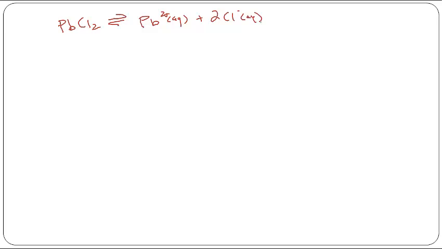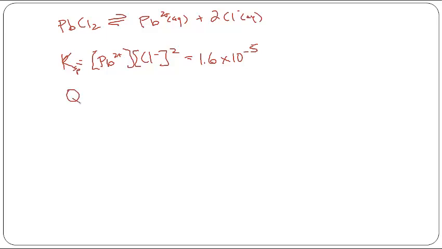Well, my K for this is equal to Pb2+ times Cl- squared, which is equal to, you guys said, what was it, 1.6 times 10 to the minus 5th? Now my Q for this is also the same. Remember, Q is just the snapshot of where you are, and you compare it to K to figure out if you're there or not.